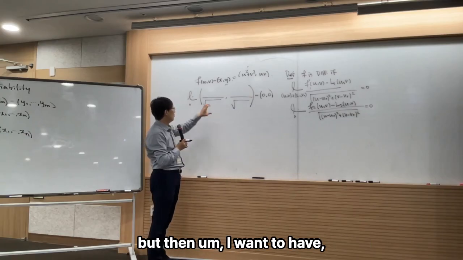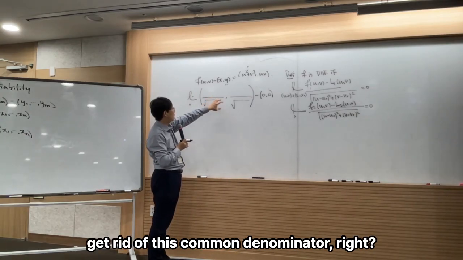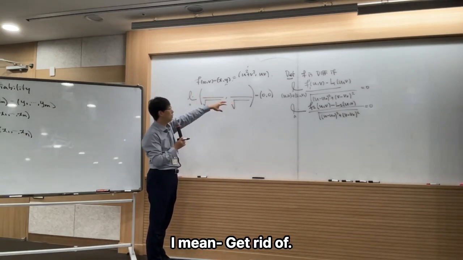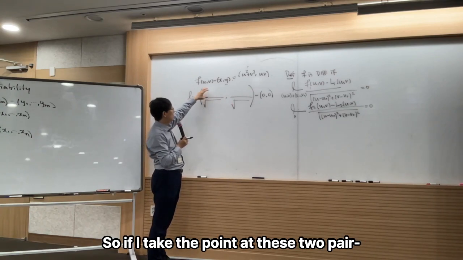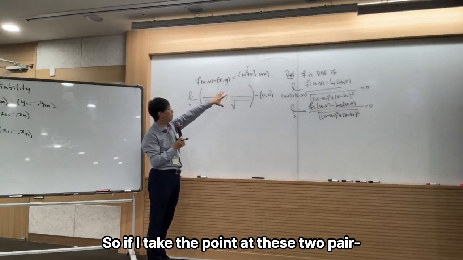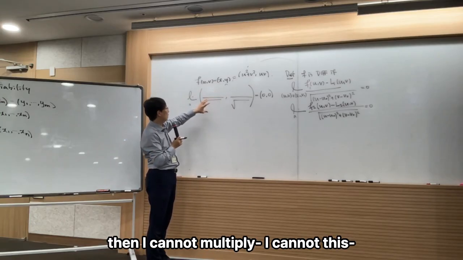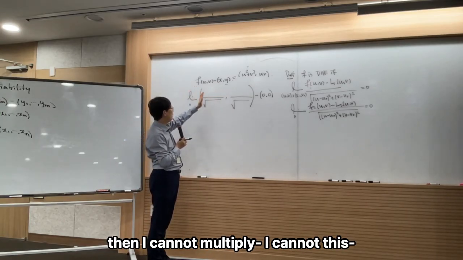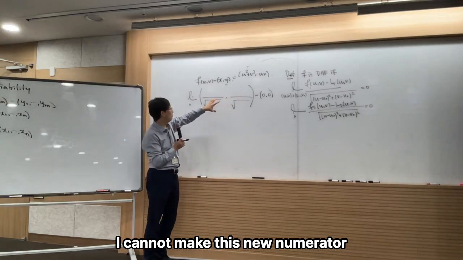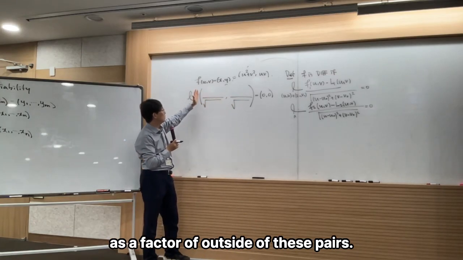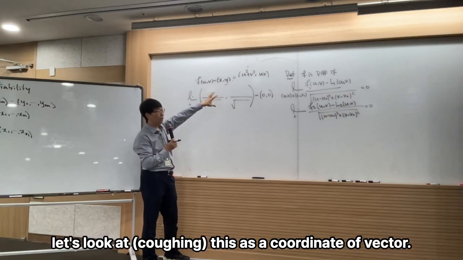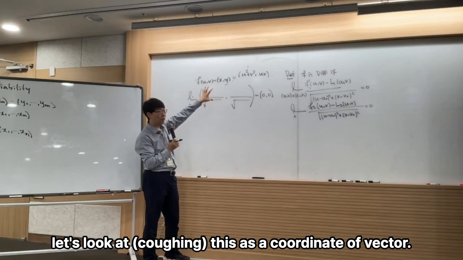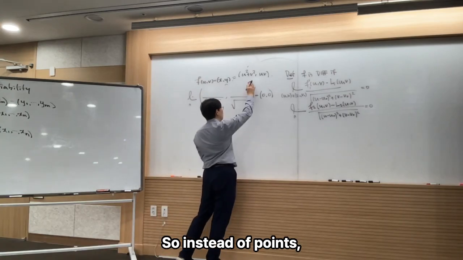But then I want to make sure this is a clean statement with the common denominator. If I take these pairs as a point, then I cannot make the numerator a factor outside of these pairs. So instead of looking at this as the coordinates of a point, let's look at it as the coordinates of a vector.